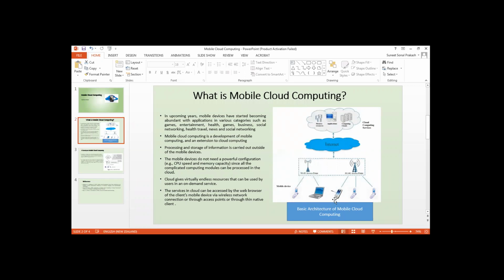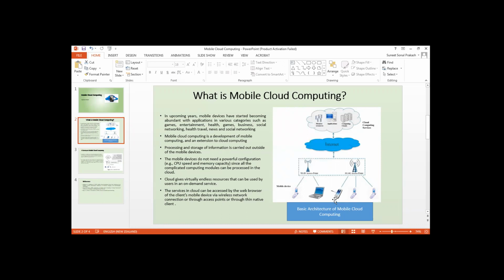So what is basically mobile cloud computing? It's a development of mobile computing and an extension to cloud computing. Processing and storage of information is carried outside of the mobile devices, and the mobile devices don't really need much CPU speed and memory capacity, because all the processing happens outside of the mobile devices, in the cloud.